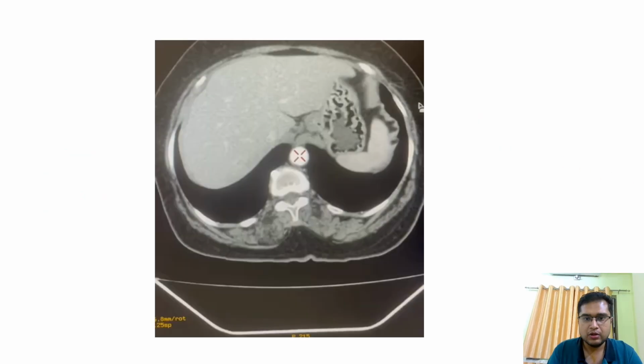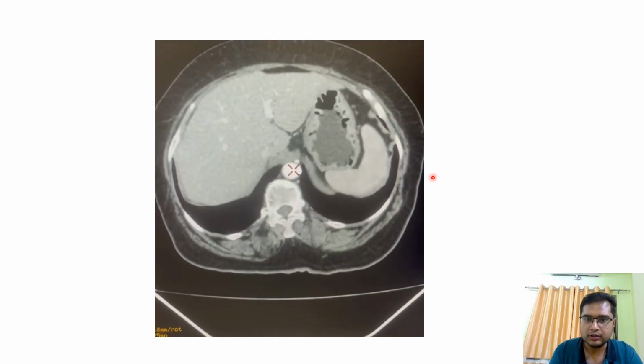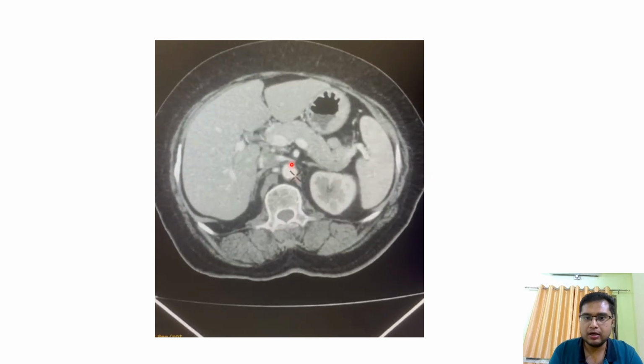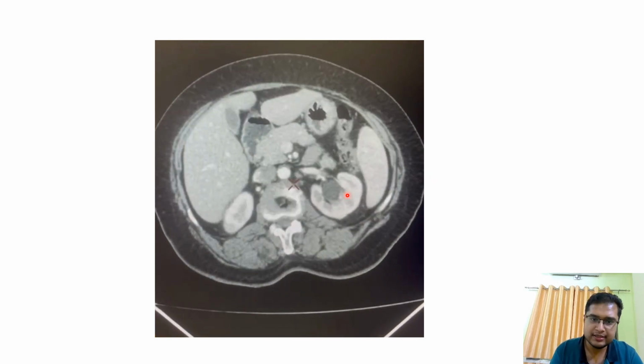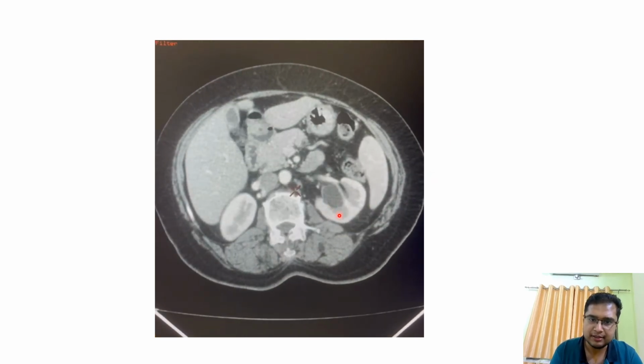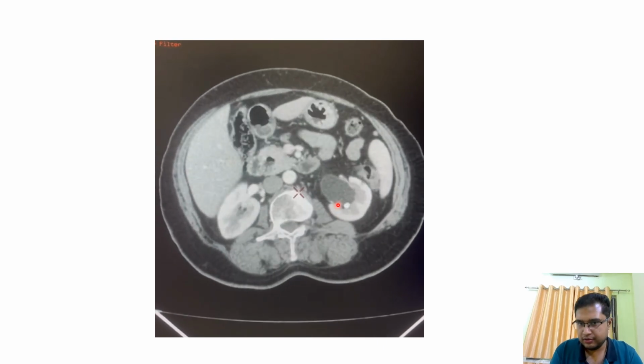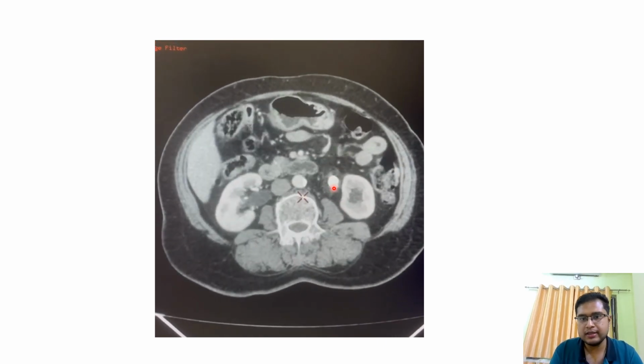Another companion case. This patient presented with acute pain in the abdomen. On an ultrasound, she was diagnosed to have left nephrolithiasis, and CT urography was ordered for the same. What we can see here is dilatation of the left pelvicalyceal system. There is a stone here, as well as in the proximal ureter.